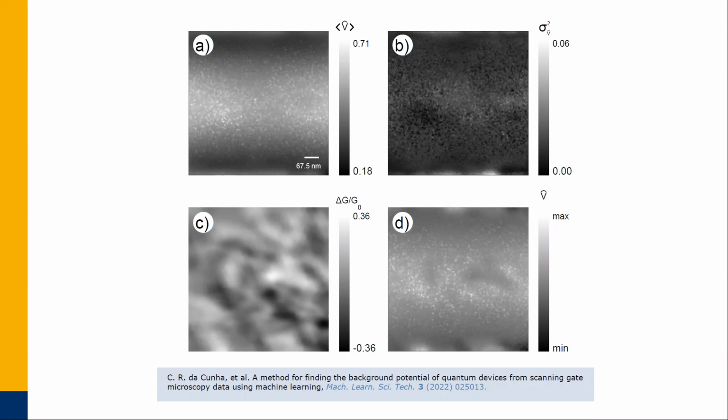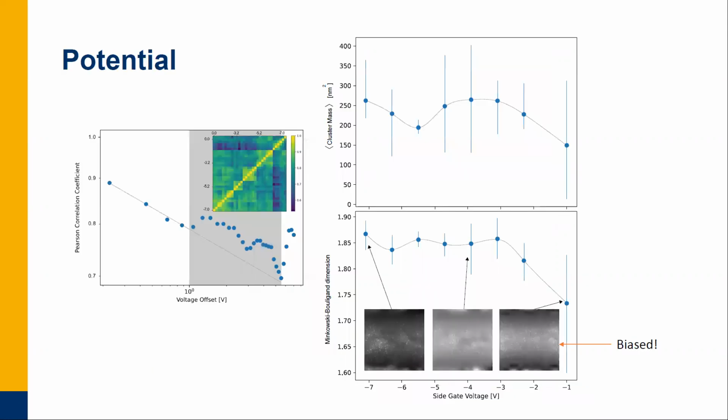This is a typical SGM image, and this is what my neural network produces. Something very disordered, not so trivial to understand. From this, we can do a set of measurements to try to understand what's going on, for example image correlation functions, cluster mass, and so on.